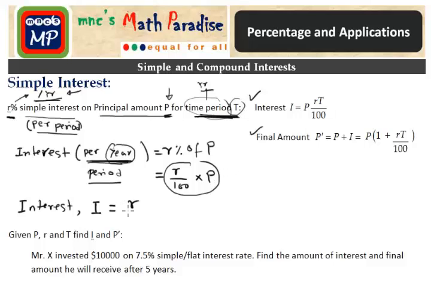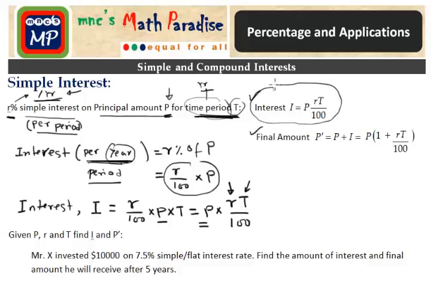So we will get R divided by 100 times P times T. That can be written as P times RT divided by 100. So the interest rate times the number of periods divided by 100 times the principal amount, that is the initial investment amount, will give us the interest. So that is the formula to calculate the interest amount.